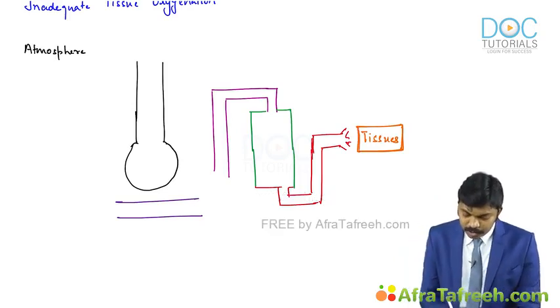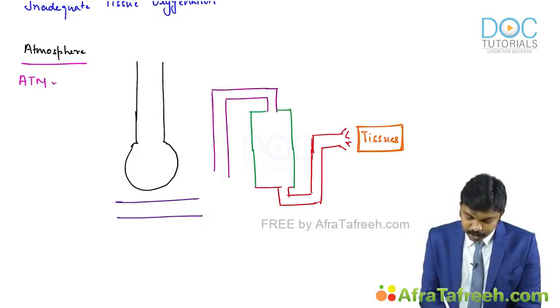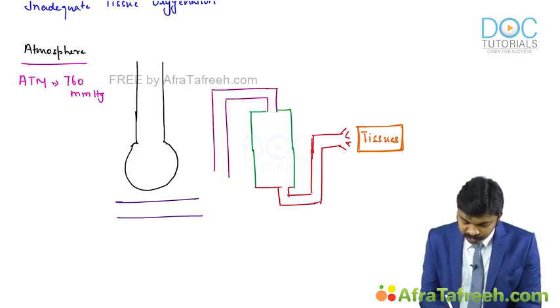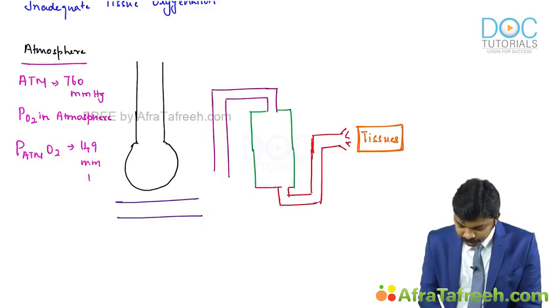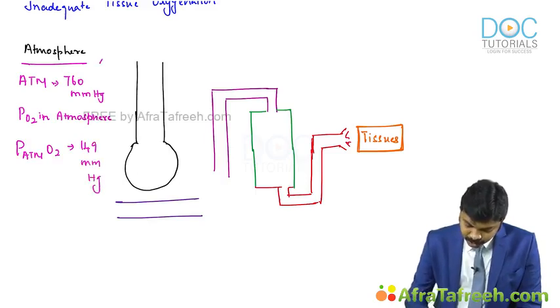So, you guys know atmospheric pressure, abbreviated as ATM, is 760 millimeters of mercury, out of which the partial pressure of oxygen in the atmosphere, abbreviated as PATM-O2, is about 149 millimeters of mercury. So, this air gets entered into airways.